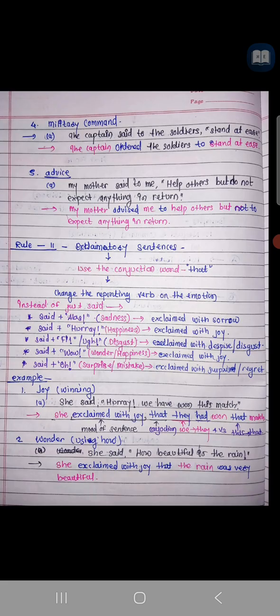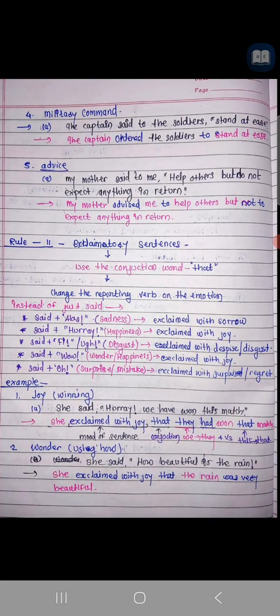First, imperative and interrogative sentences: when an imperative sentence comes, use "to", and when an interrogative sentence comes, use "if" or "whether". Second, in an interrogative sentence there are two types of questions: yes/no types use "if" and "whether", and the WH family uses no conjunction. Okay, conjunctions are done. Next, let's see the conjunction "that" instead of "if" and "whether", because here we don't use "if" or "whether"; here we use "that".